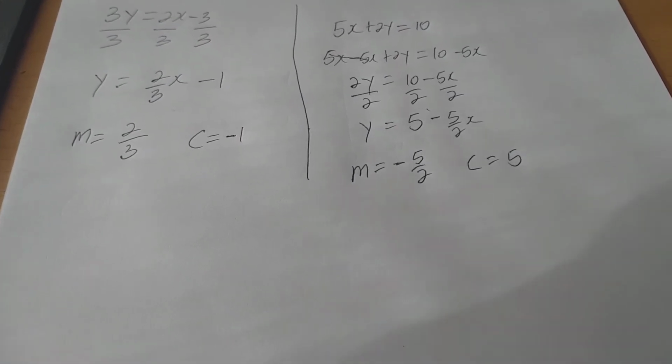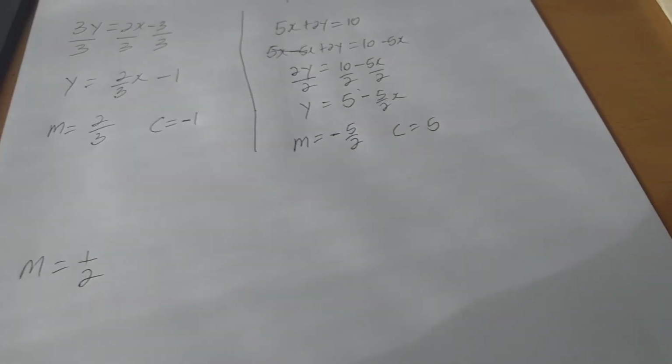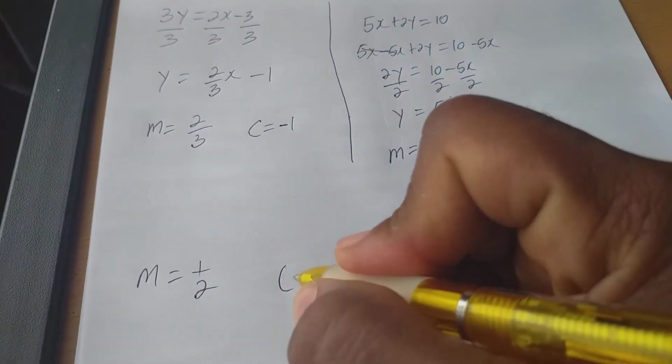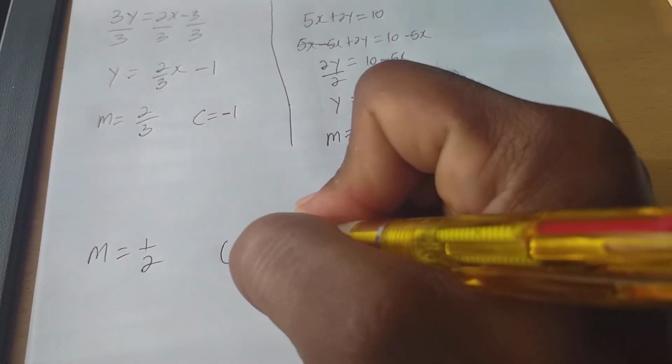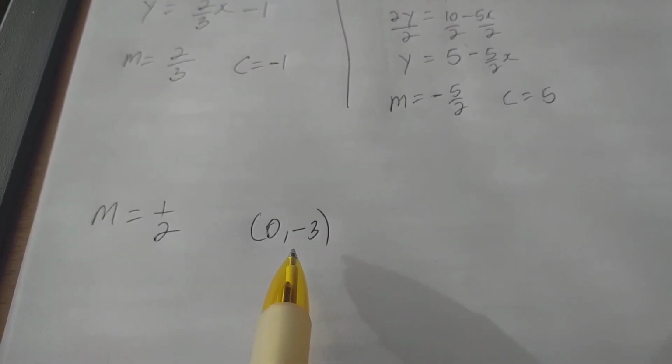If I want to determine the equation of a line with a gradient of a half, and the coordinates of the y-intercept is 0, negative 3, what that then means is that this point lies on the y-axis.